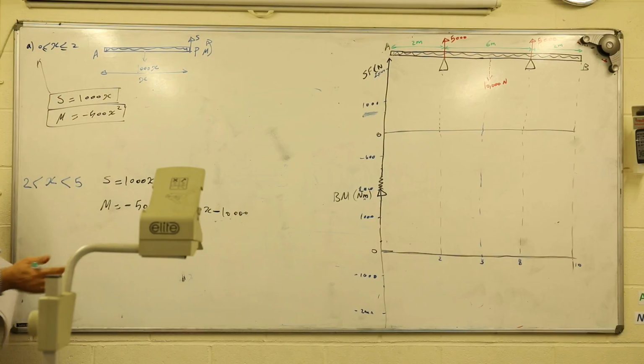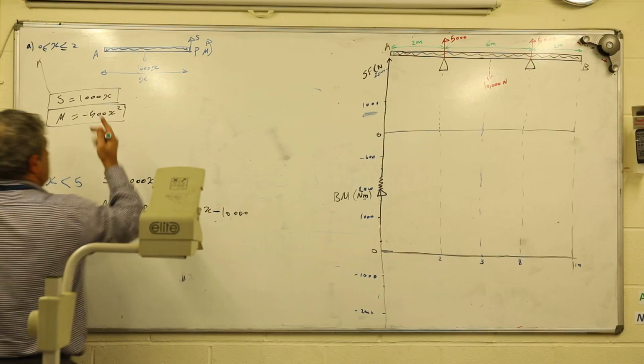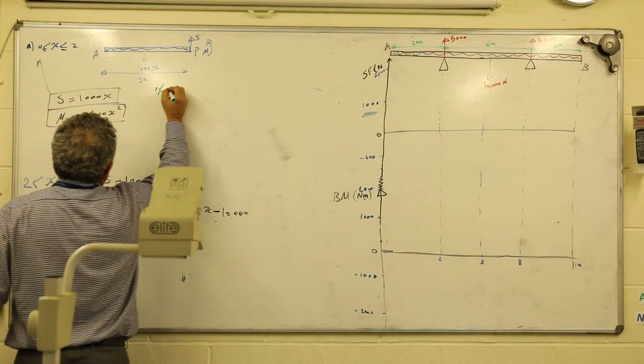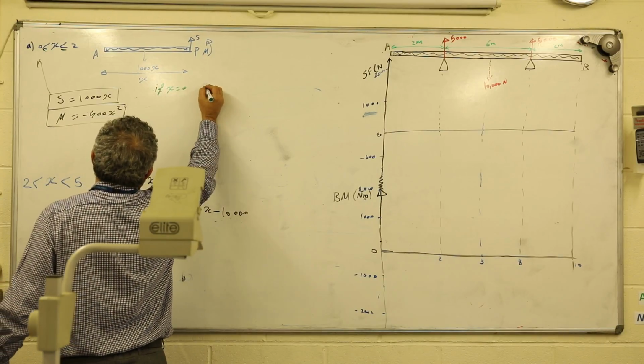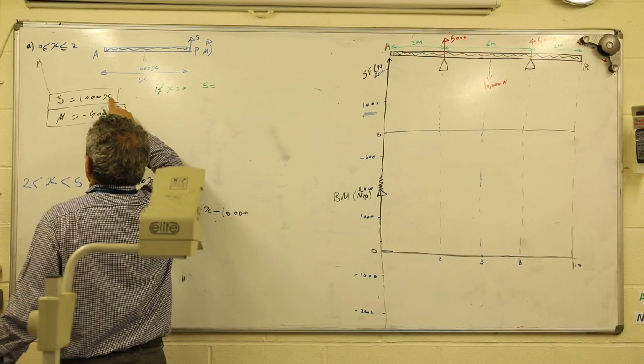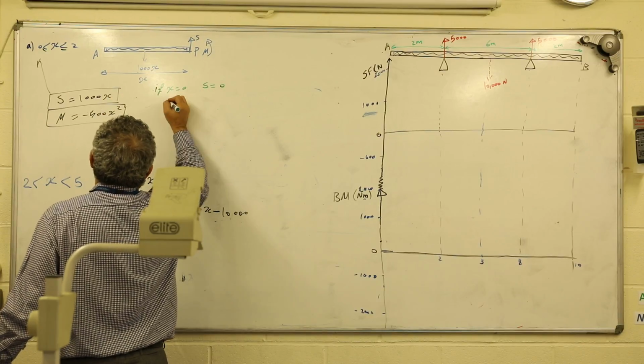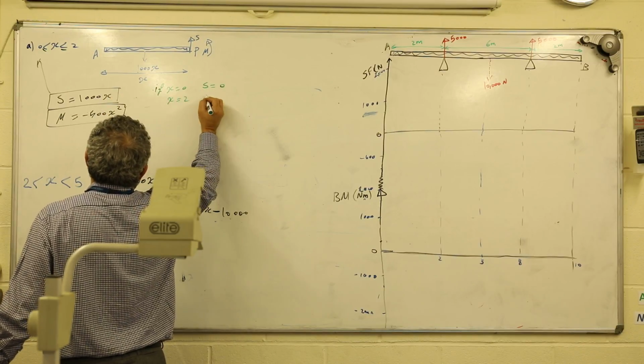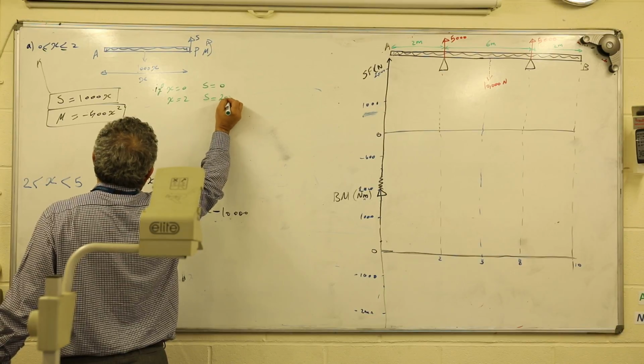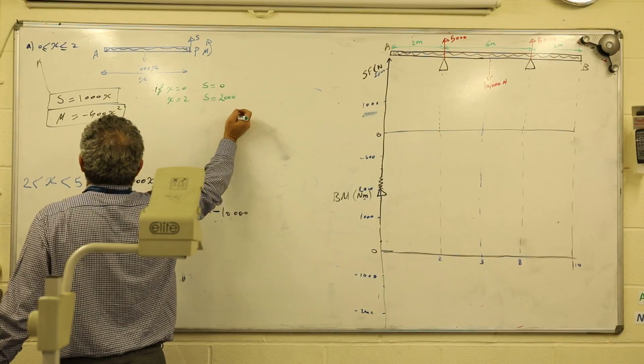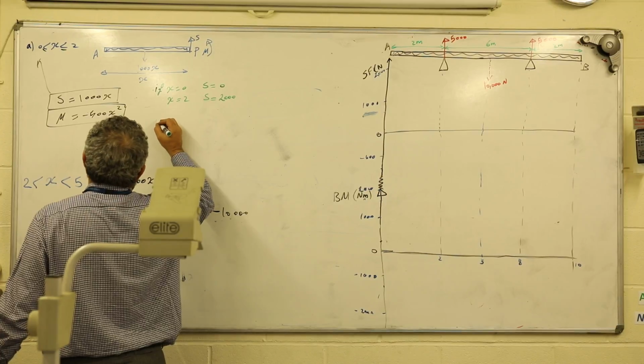It means I can employ the values from the beginning. So for shear force, if x is equal to 0, s is equal to 0. If x is equal to 2, s is equal to 2000. Yes? Let's go for the moment.